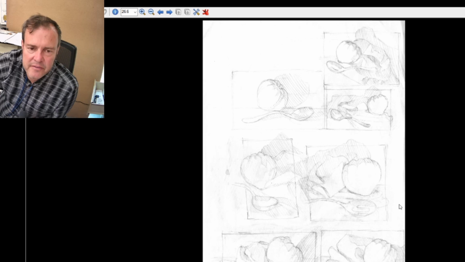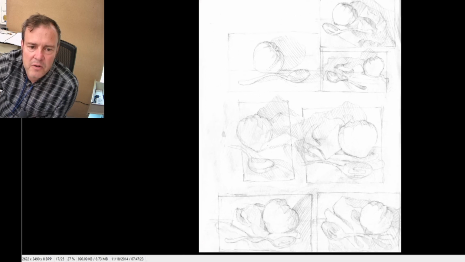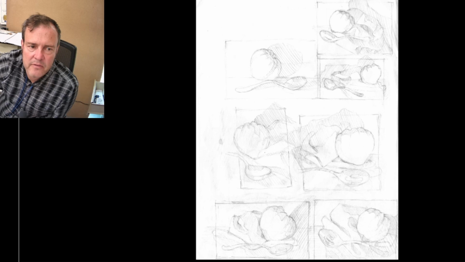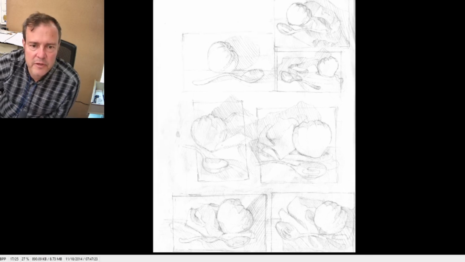People who look at your work love to see evidence like this, that you're actually solving authentic visual problems and not just drawing something that somebody sort of set up for you. So I would call this an exemplary set of thumbnails, and definitely would be a strong addition to any portfolio.